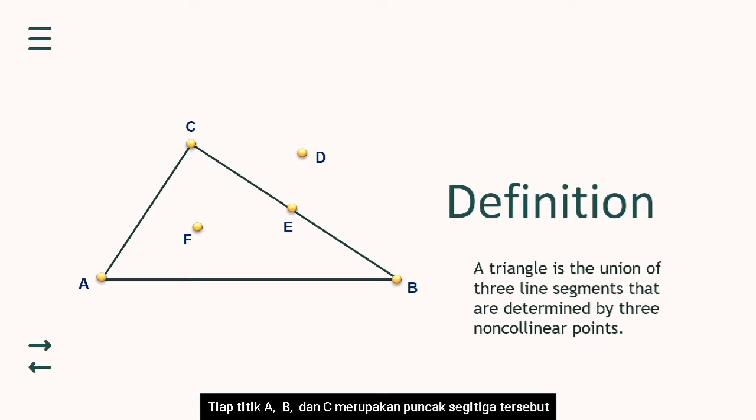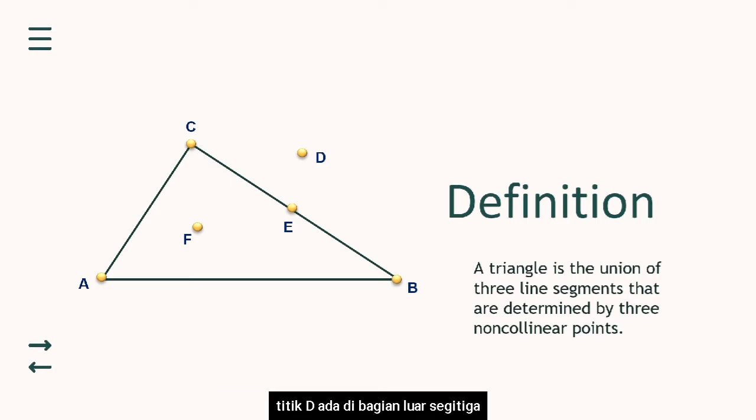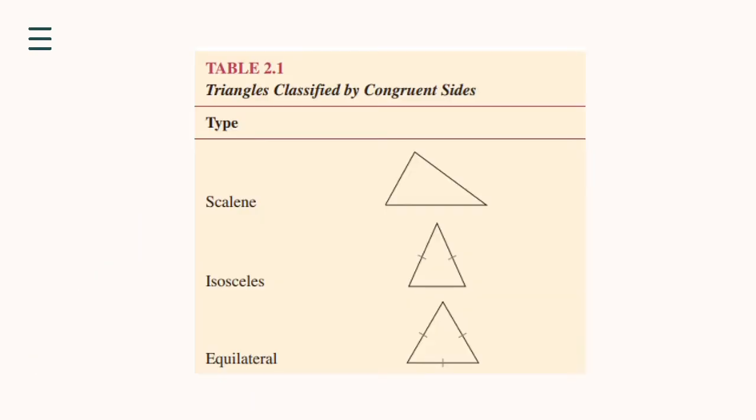Each point A, B, and C is a vertex of the triangle. Collectively, the three points are the vertices of the triangle. Line AB, line BC, line AC are the sides of the triangle. Point D is in the exterior of the triangle. Point E is on the triangle and point F is in the interior of the triangle.